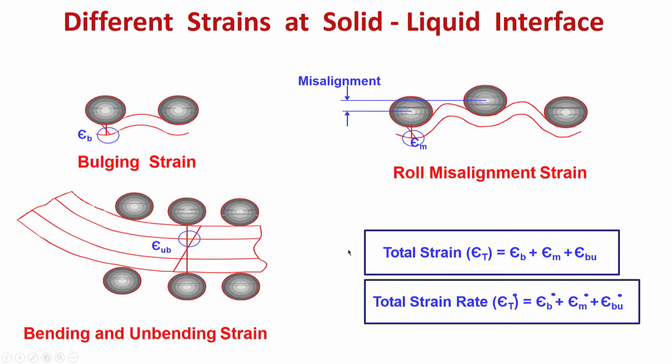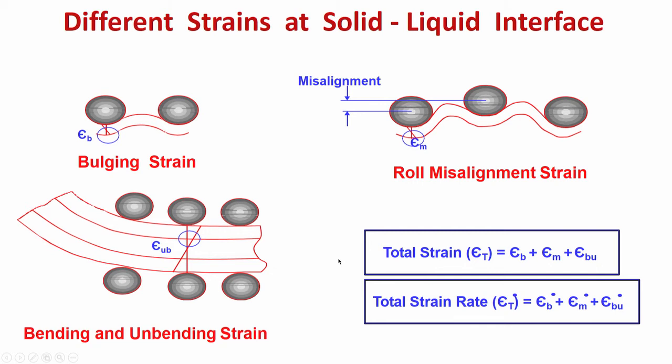So, the total strain on the strand, if you now add all these three, is a combination of bulging, misalignment of roll if there is a misalignment, and then bending, unbending. So, all these three together will give us the final strain.